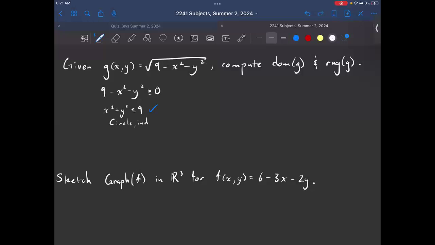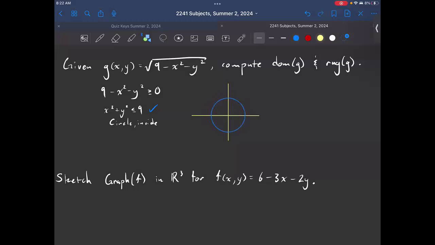It's the inside of a circle in the xy plane. So if I were to graph my xy axes and then draw a circle, that's not a circle, it's an ellipse. There we go.